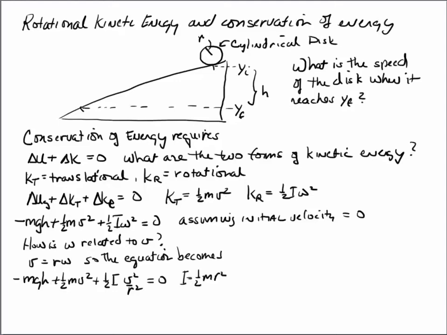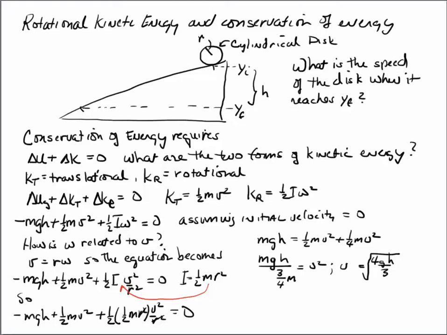And of course we have that the moment of inertia for a cylindrical disc is 1/2 mr squared. So work out the equation with that substitution, and I'm going to substitute in for I. And we have minus mgh plus 1/2 mv squared equal to 1/2 times parentheses 1/2 mr squared, v squared over r squared, and you have that the two r squareds will cancel out.